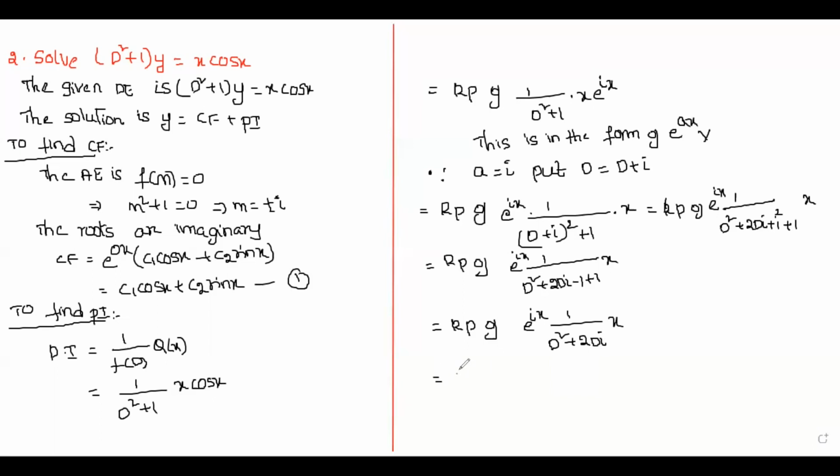So it will be equal to the real part of e power ix into 1 by 2Di, brought outside. So it will take the form 1 plus D square by 2Di into x.